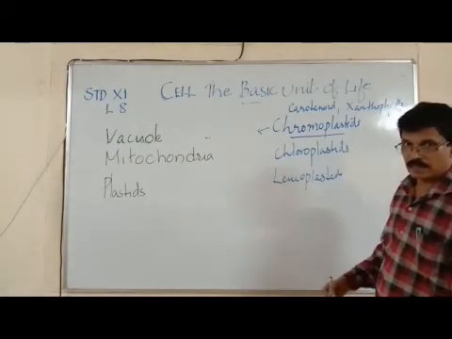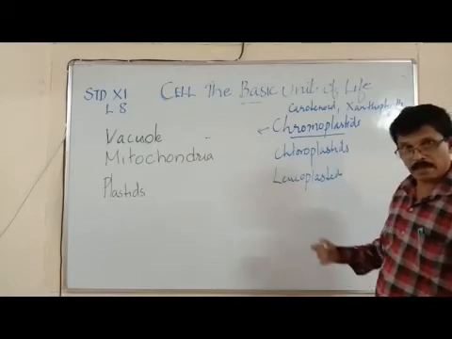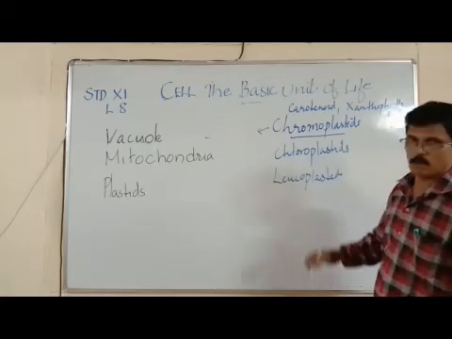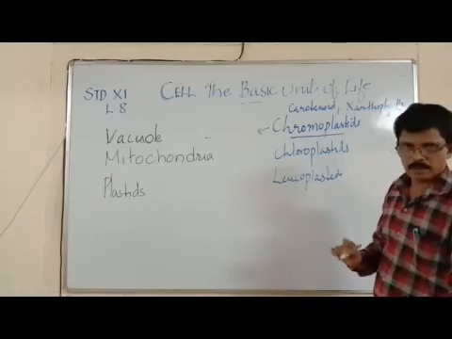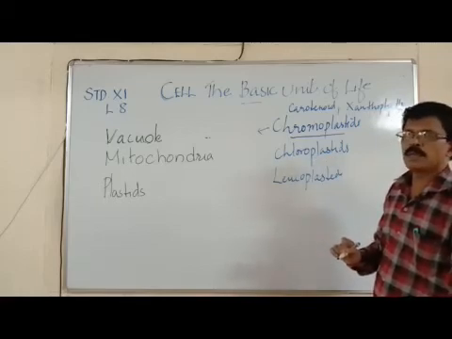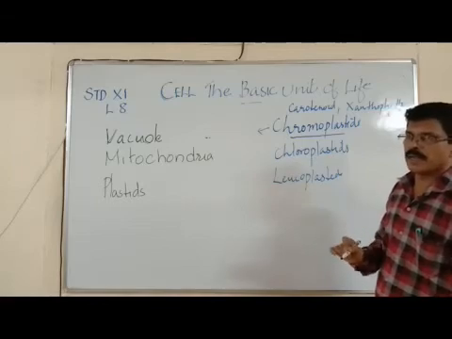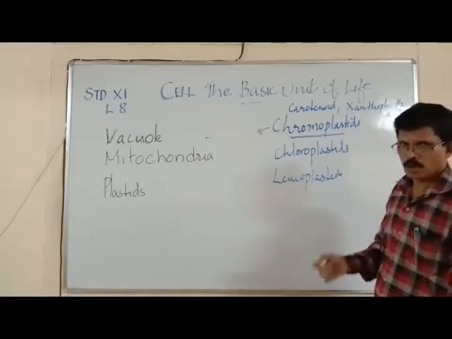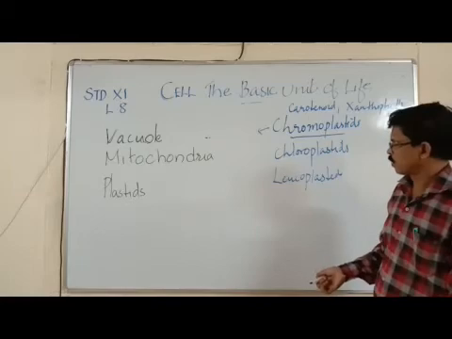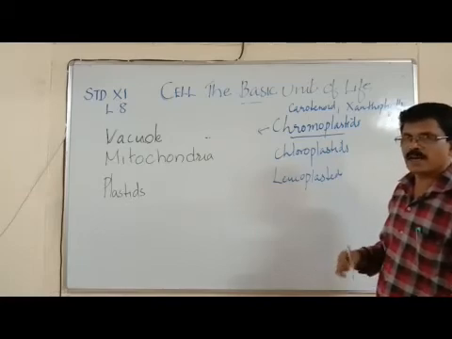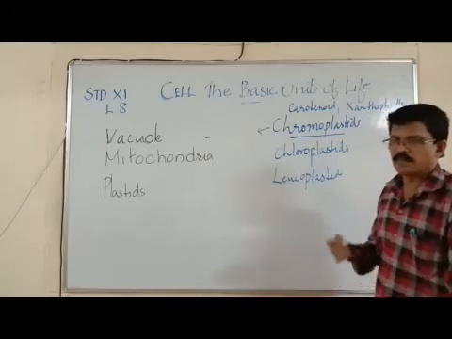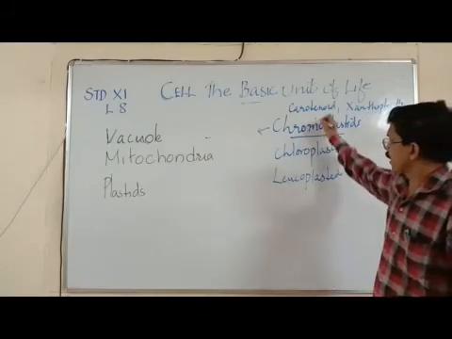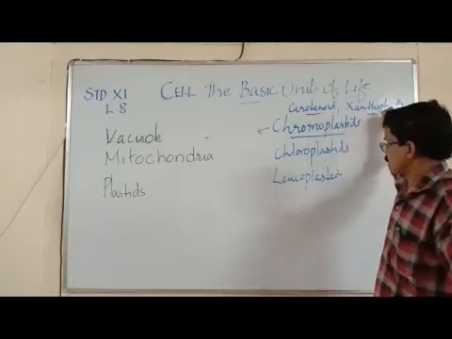Red pigment is erythrophycin. So there are many pigments present in the chromoplast. These are universally found in both plant cells as well as the cells in many other organisms such as algae, bryophytes, pteridophytes, etc. So chromoplasts are varied coloring plastids. They provide different colors. Mainly two categories, carotenoid and xanthophyll.